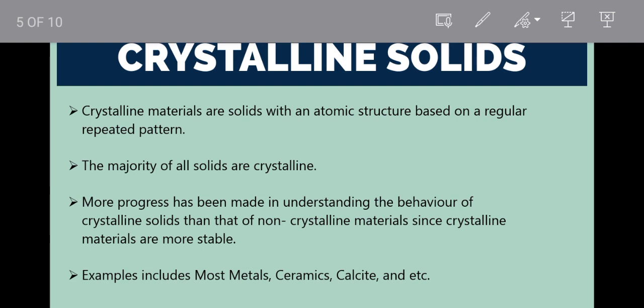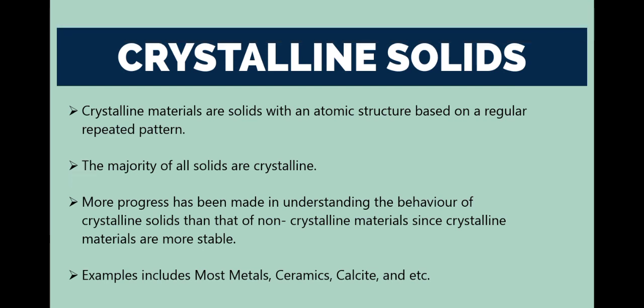And examples for this include most metals, ceramics, calcite, and so on. Crystalline materials encompass a broad spectrum of substances with examples ranging from metals to ceramics and beyond. Metals such as iron, copper, and aluminum typically exhibit crystalline structures due to the ordered arrangement of metal atoms in a lattice.